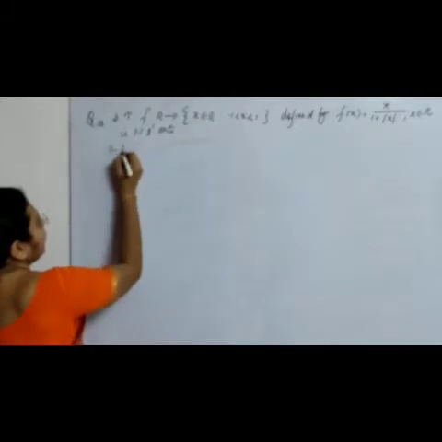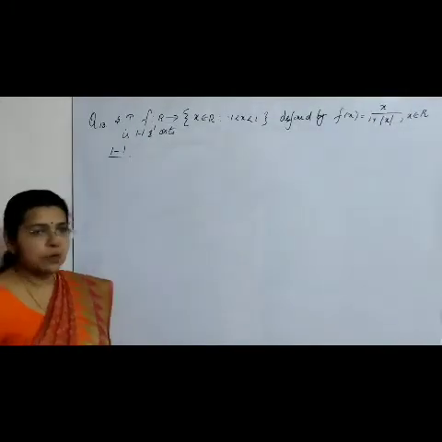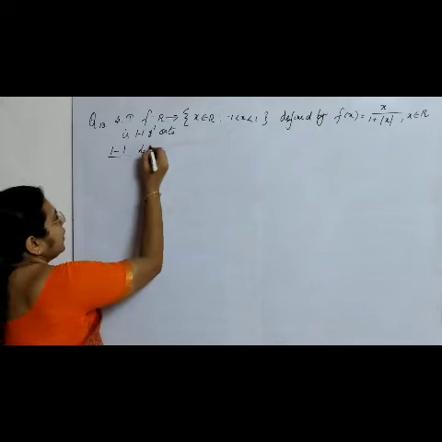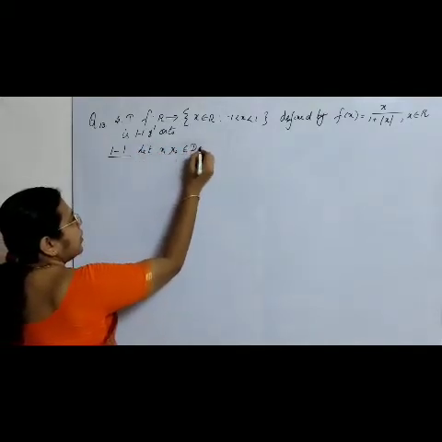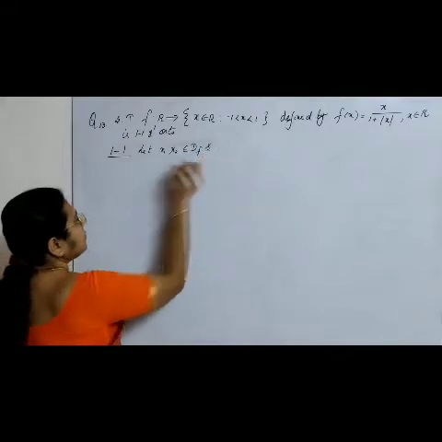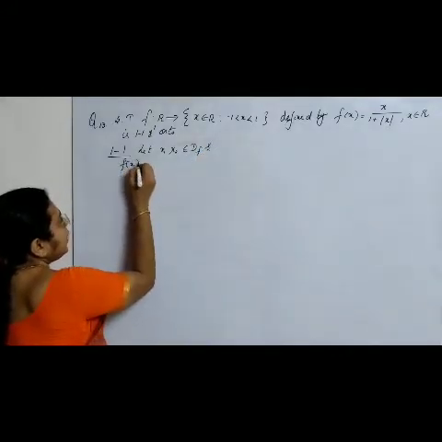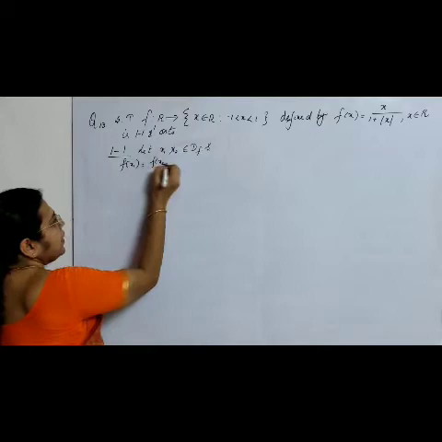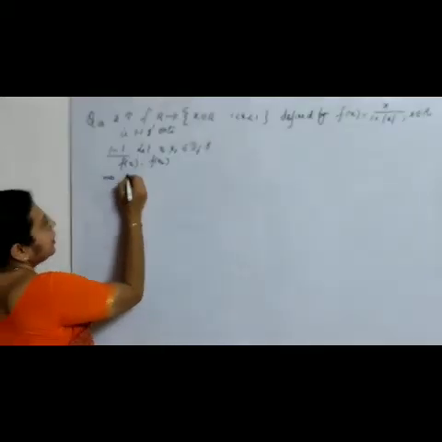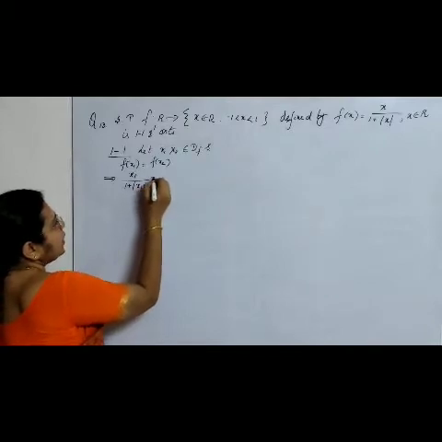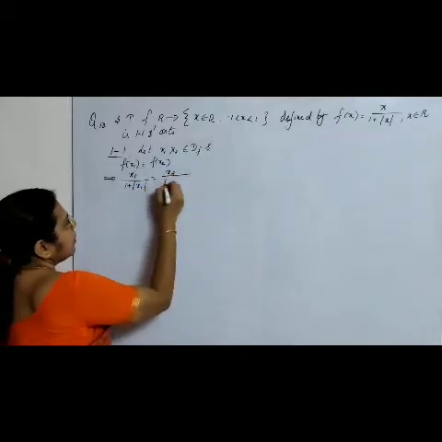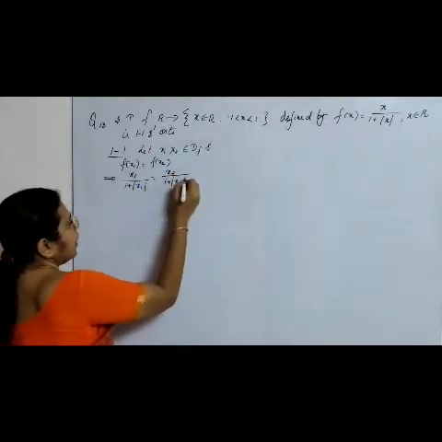Proving it to be 1 1. To prove it as 1 1, as always I take let x1, x2 belong to the domain of the function such that f of x1 equals f of x2, right? This implies x1 by 1 plus mod of x1 is equal to x2 by 1 plus mod of x2.